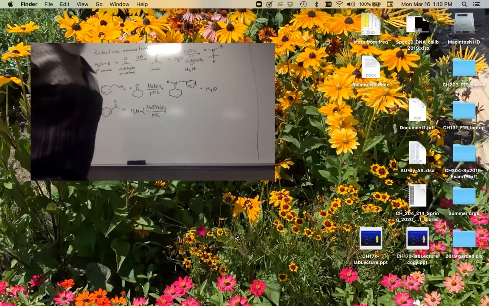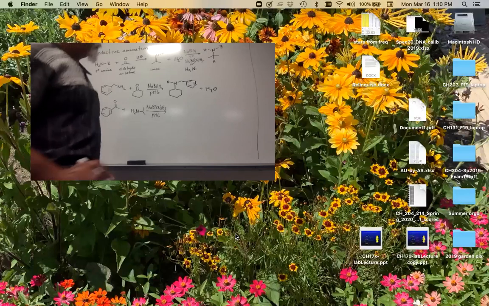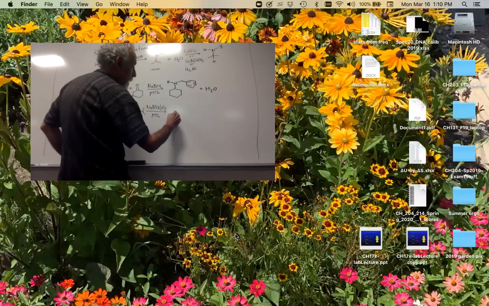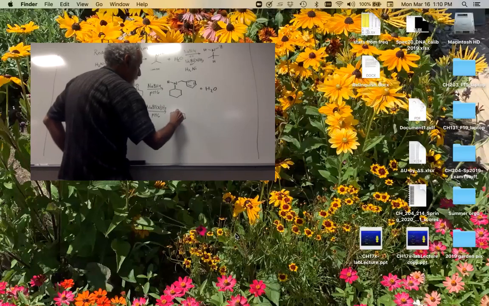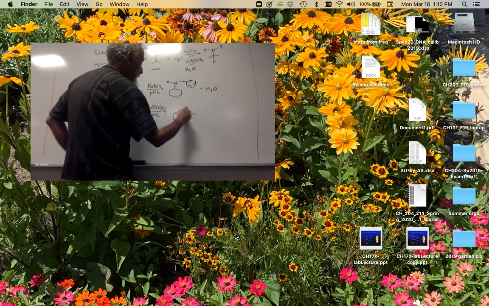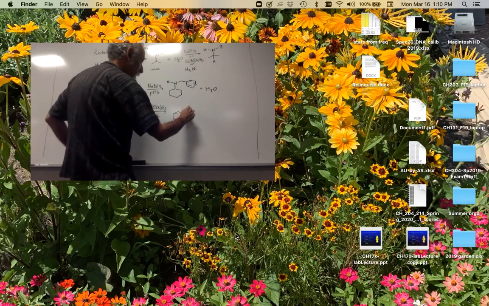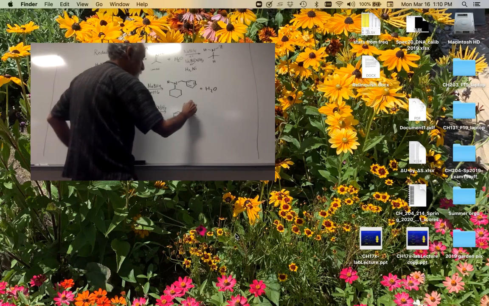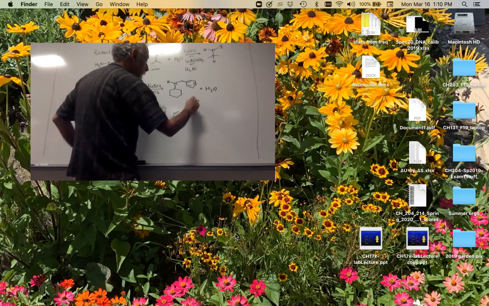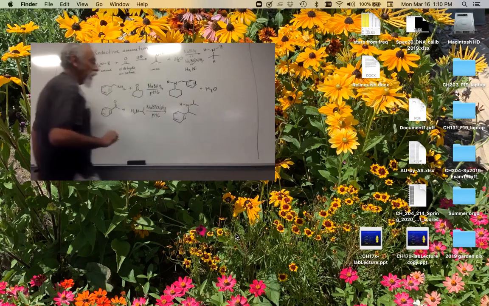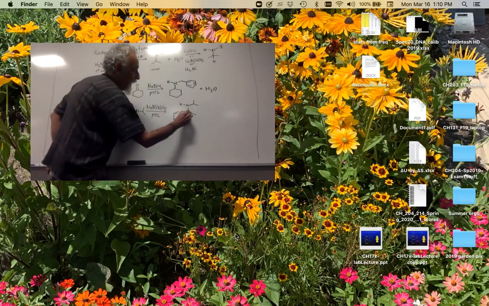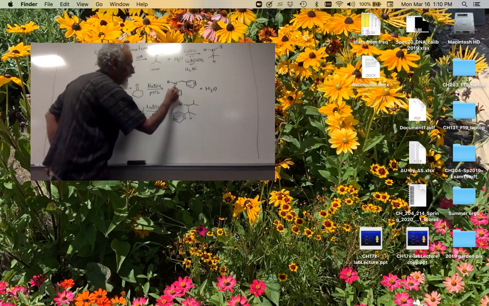So how are we coming along there? Did you get it? Okay, so the carbon-nitrogen double bond replaces the carbon-oxygen double bond momentarily anyway, and then that carbon-nitrogen double bond is reduced to a carbon-nitrogen single bond, and hydrogen has added across where that double bond used to be, right?